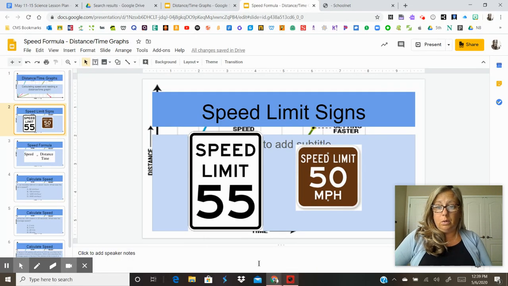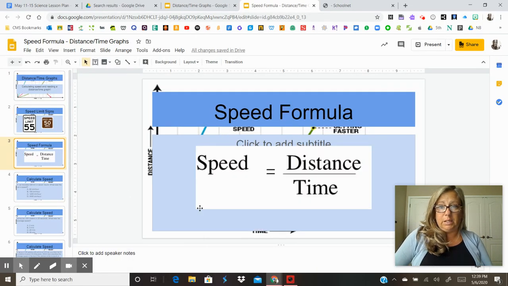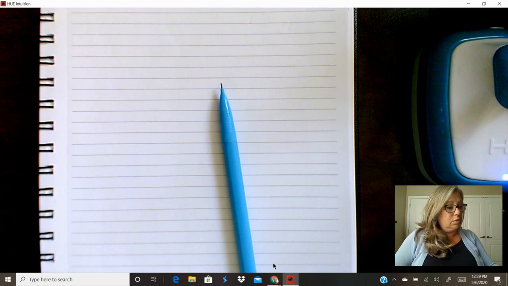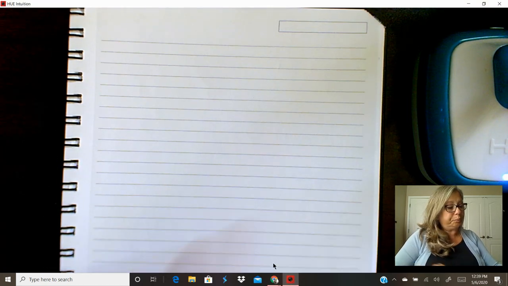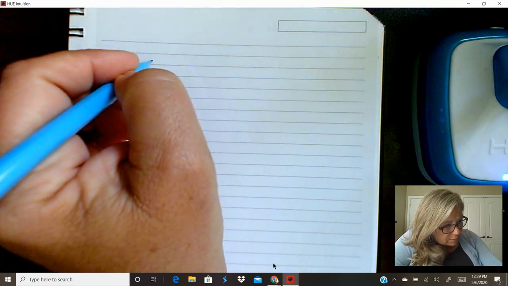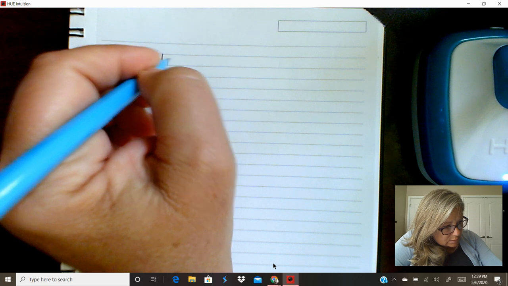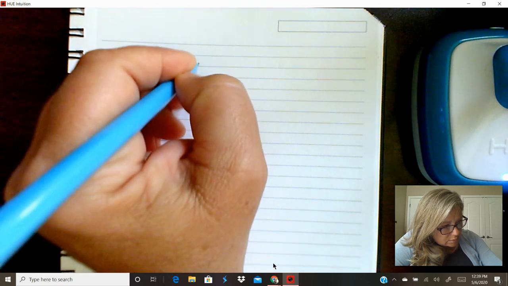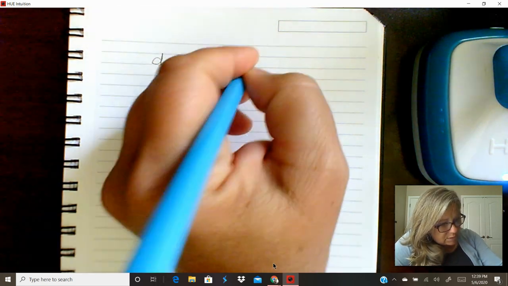So let's take a peek at the speed formula. Speed equals distance divided by time. But let's also go over to my handy dandy paper. To find the speed, you have to have the distance and you have to have the time.